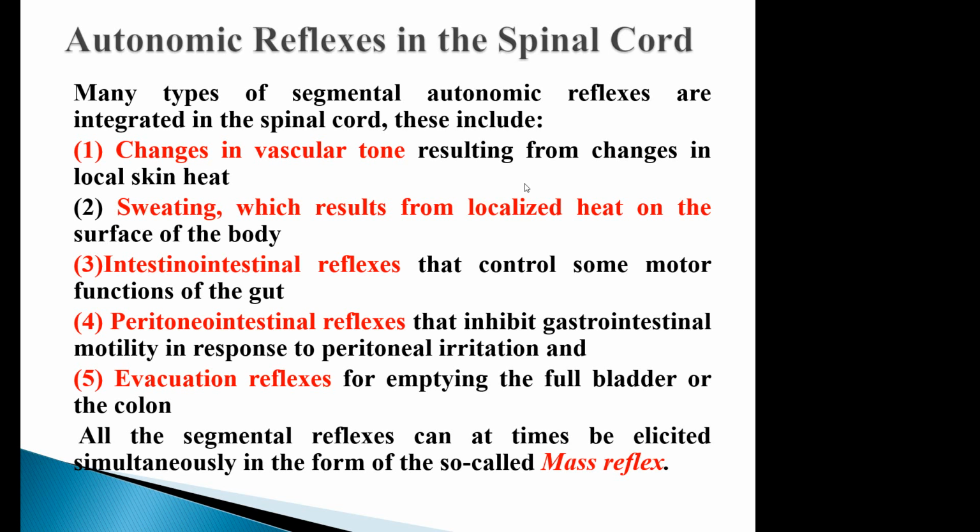Then there is presence of autonomic reflexes in the spinal cord. Many types of segmental autonomic reflexes are integrated in the spinal cord, which include changes in vascular tone resulting from changes in the local skin heat, sweating resulting from localized heat on the surface of the body, intestinal reflexes, which control some motor functions of the gut, peritoneal-intestinal reflexes, which inhibit gastrointestinal motility in response to peritoneal irritation, and evacuation reflexes for emptying the full bladder or the colon.